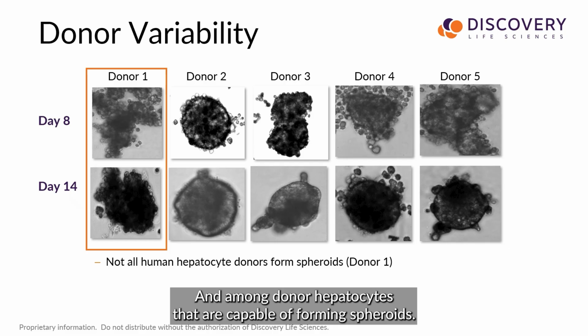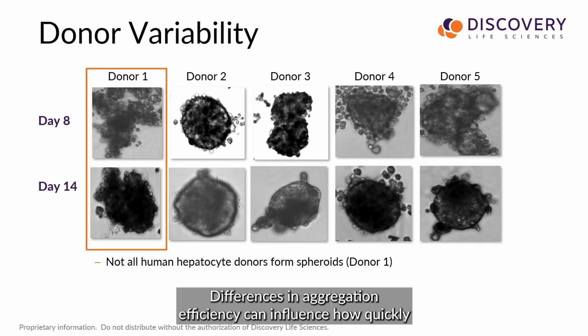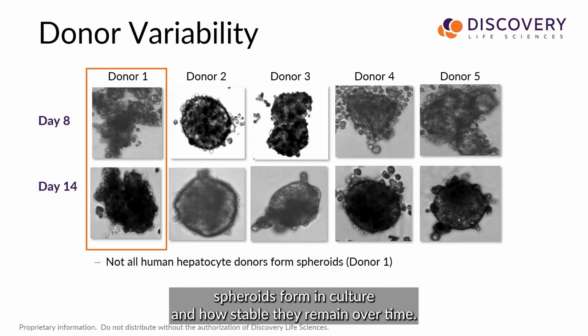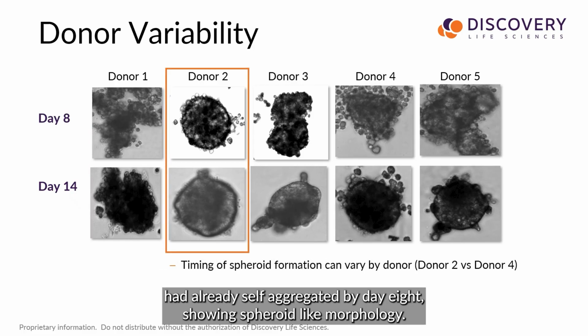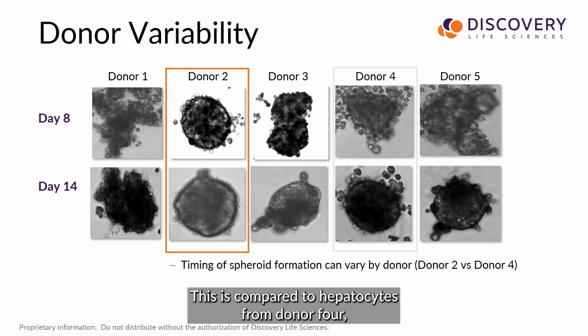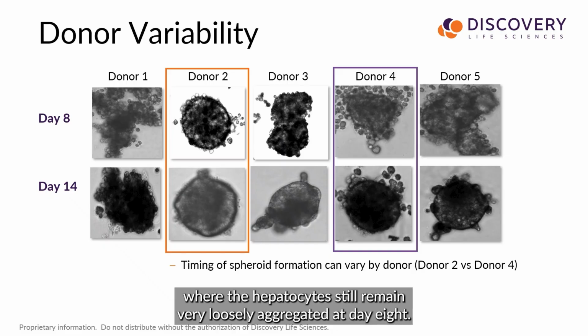And among donor hepatocytes that are capable of forming spheroids, differences in aggregation efficiency can influence how quickly spheroids form in culture and how stable they remain over time. For example, hepatocytes from donor 2 had already self-aggregated by day 8, showing spheroid-like morphology. This is compared to hepatocytes from donor 4, where the hepatocytes still remain very loosely aggregated at day 8.